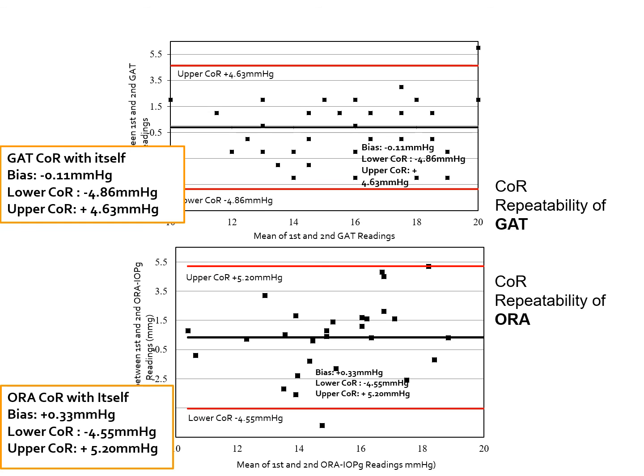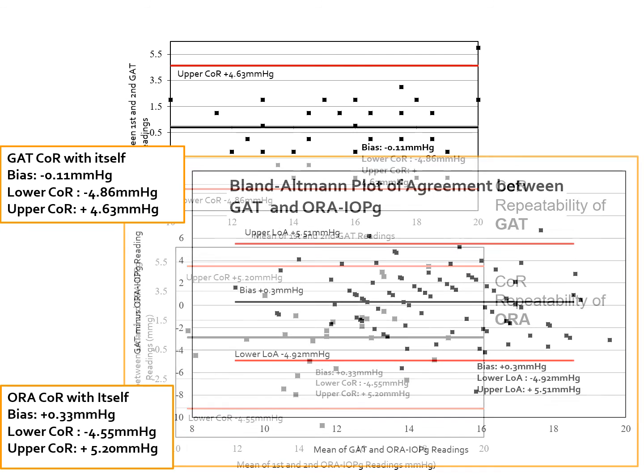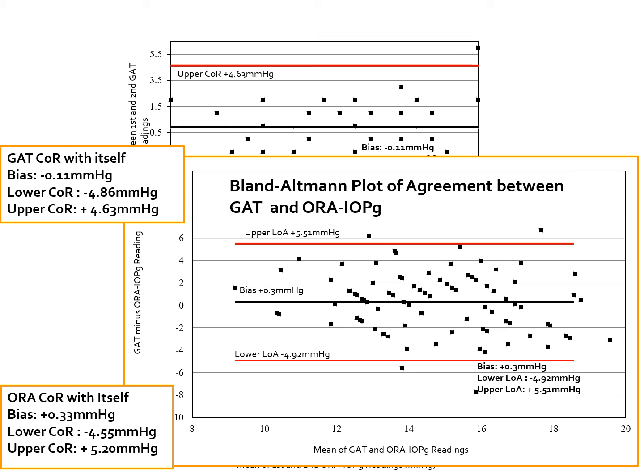So you've got a lot of variability within the machines themselves before you go on and compare one machine to another. When you do the comparison one to the other, which incorporates the variability of both machines, they do actually agree. The bias is only 0.3 millimeters of mercury, but the range is again plus or minus 5 millimeters of mercury.